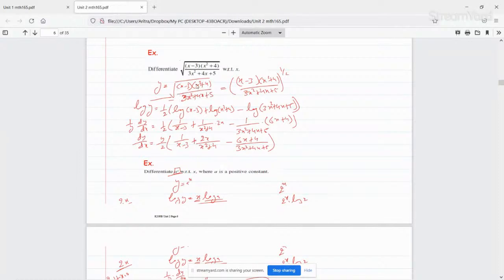See how they have broken it. This term multiplies. So as we have read, log of xy is equal to log x plus log y. So here log of x minus 3 plus log of x square plus 4 minus log of x square plus 4x plus 5. Then using all the properties of differentiation of log, they have solved it.